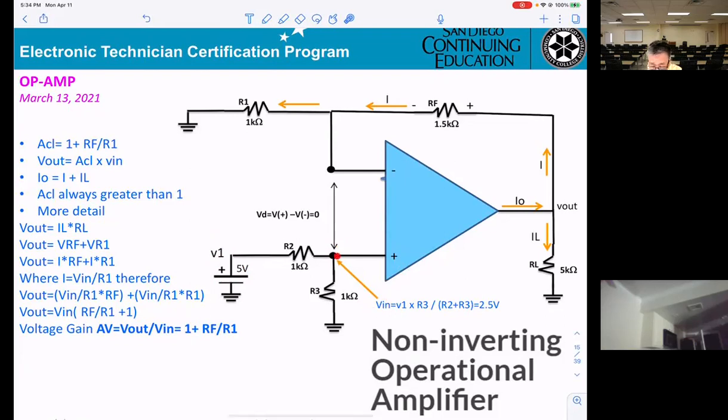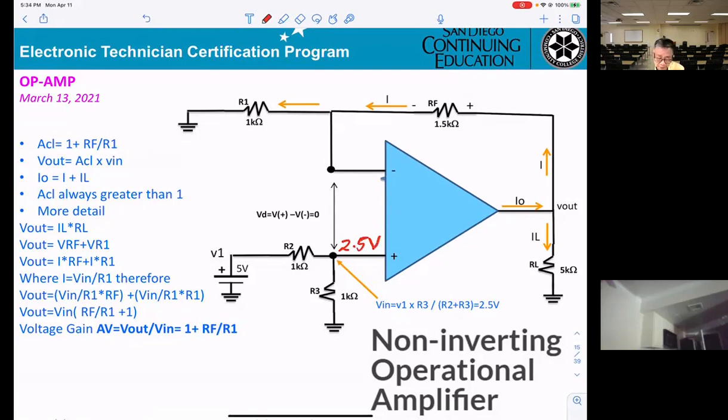Using the voltage divider, Vin will be V1 times 1K divided by 1K plus 1K, 2.5 volts. So the input will be 2.5 volts.